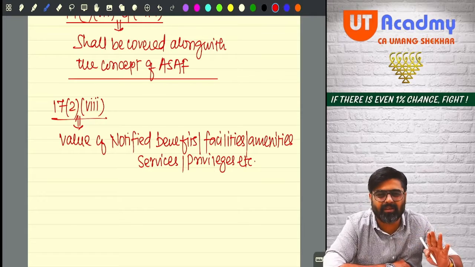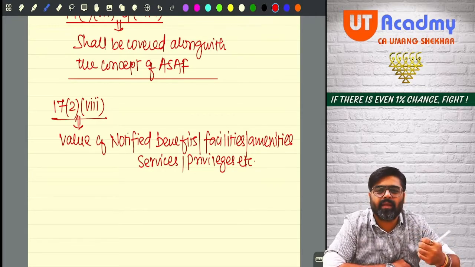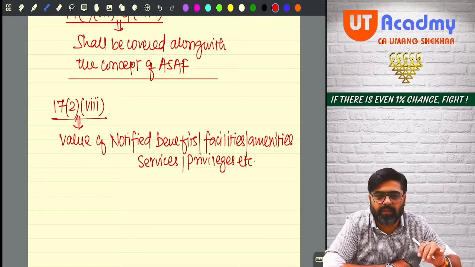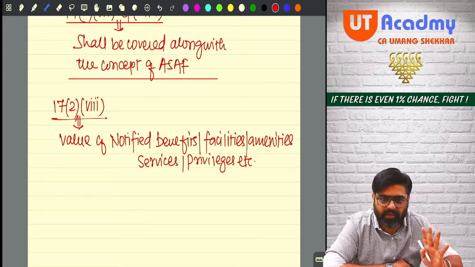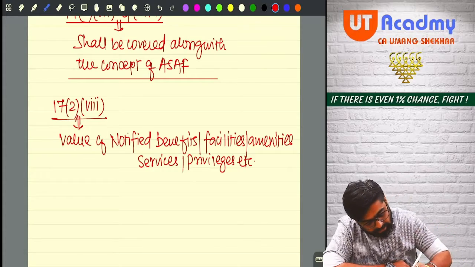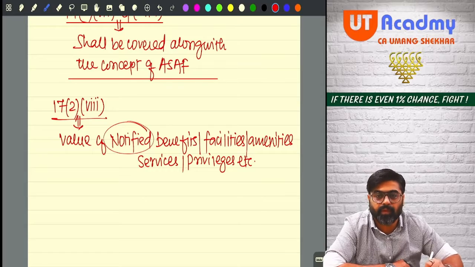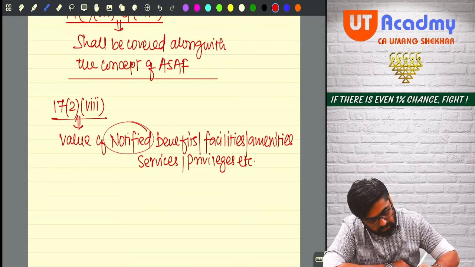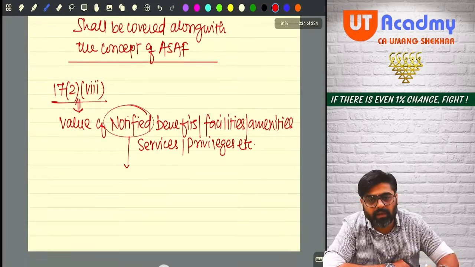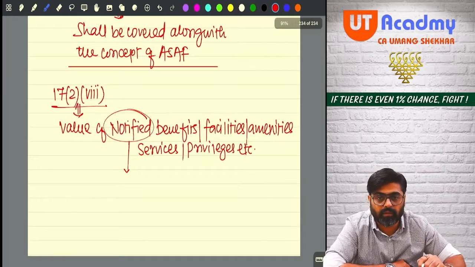It can be a service, it can be a privilege, it can be amenity, it can be facility, it can be benefit, it can be anyone. But they must be first notified.